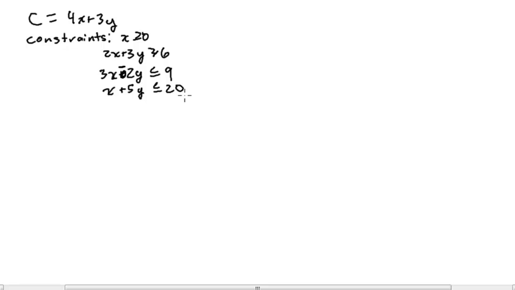So let's check: x greater than or equal to 0, 2x plus 3y greater than or equal to 6, 3x minus 2y less than or equal to 9, and x plus 5y is less than or equal to 20.